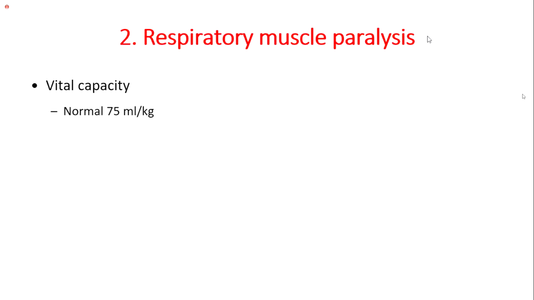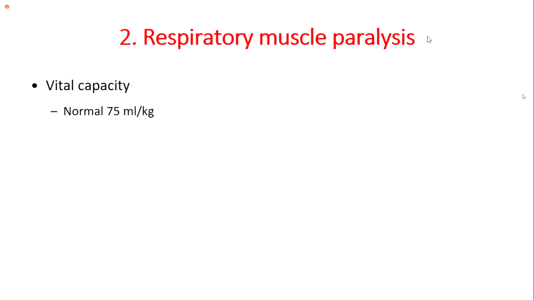Anyone? Any guesses? And we always talk in terms of kilograms because each individual is different in size. So if one person is 60 kilogram, other person is 50. So that is why we talk in terms of kilograms. So say in a 70 kilogram person, he'll have up to 5 liters of vital capacity.